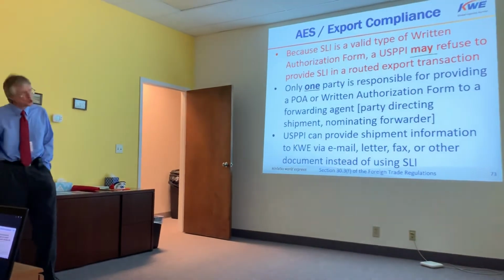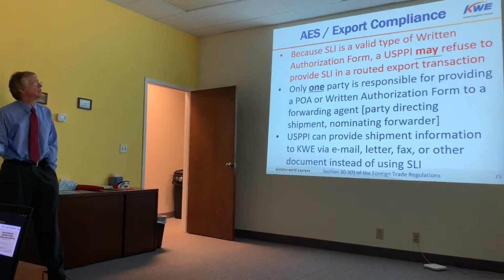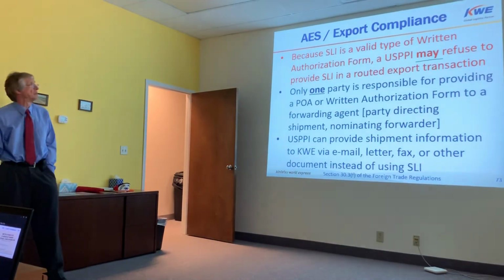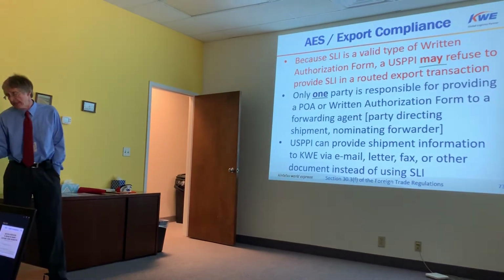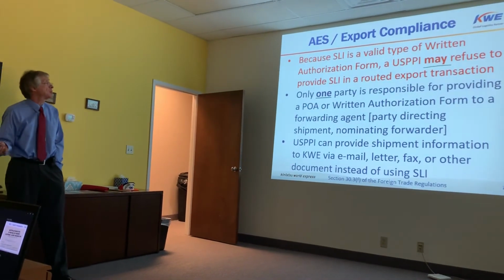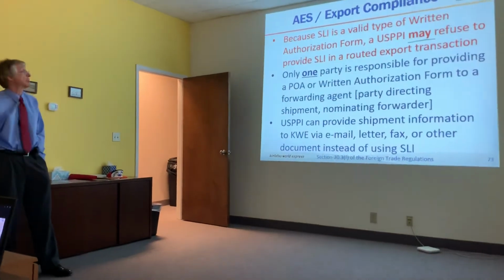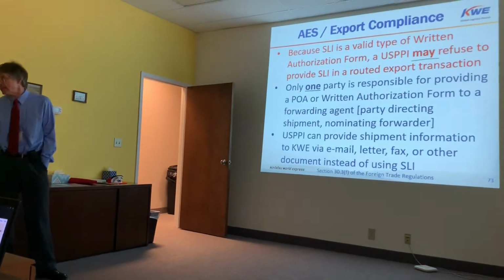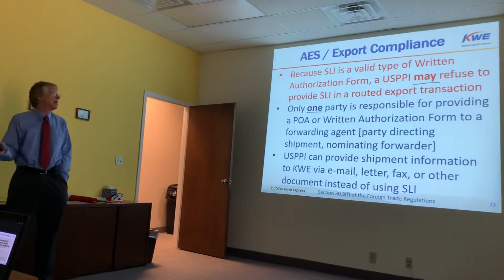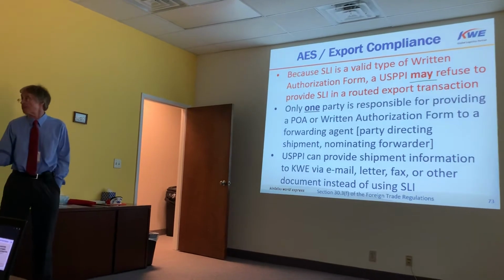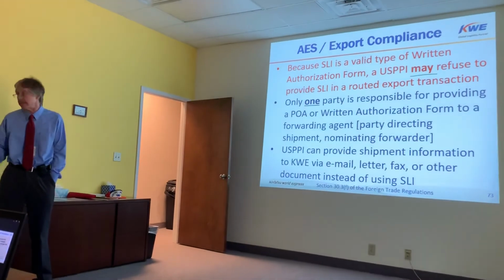Now understand too that because the SLI is a valid type of written authorization, a USPPI may refuse to provide you with an SLI in a routed export transaction. And that is because only one party in the transaction can provide you with written authorization, either the shipper or the consignee, the USPPI or the FPPI.